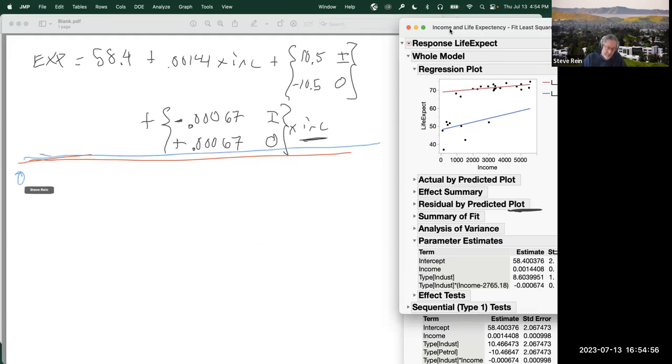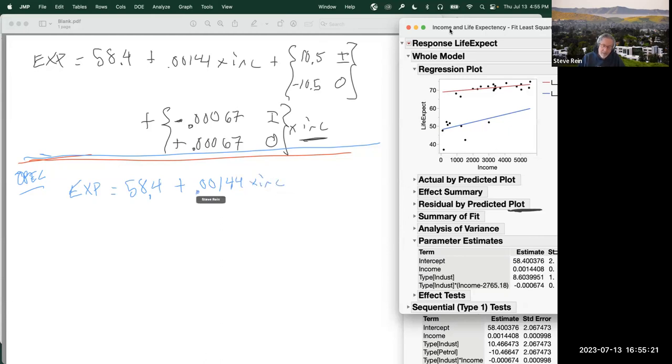So let's go blue, and that's the OPEC countries. I'm going to write down just stuff that's relevant to the OPEC countries. So the life expectancy is 58.4, that is the intercept on average across both groups, plus 0.00144 times income.